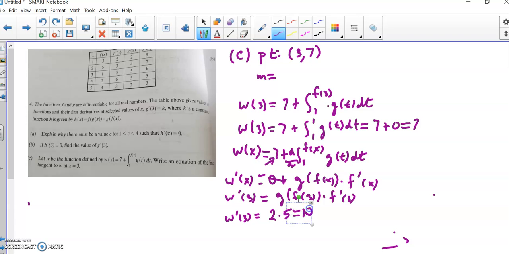So that's 10. So my tangent line would just be y minus 7 equals 10 times parentheses x minus 3. And that's question 4 in test 1.